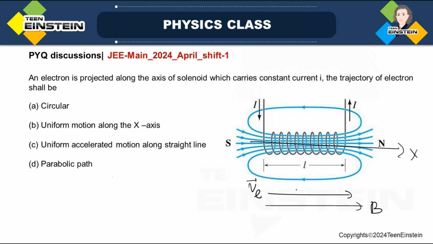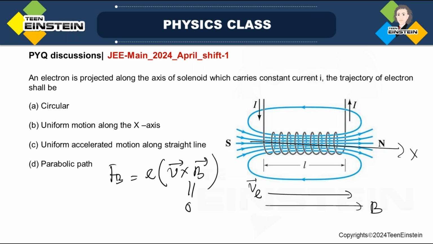Since these two are parallel to each other, there will be no magnetic force, because the magnetic force on a charged particle with charge e is F is equal to e into V cross B. Since these two are parallel, the angle between them is 0, so this force will be 0.